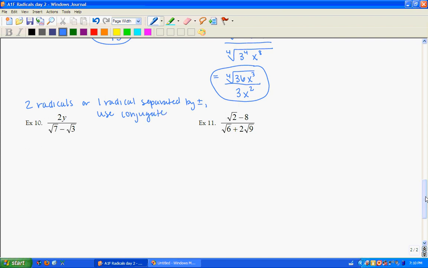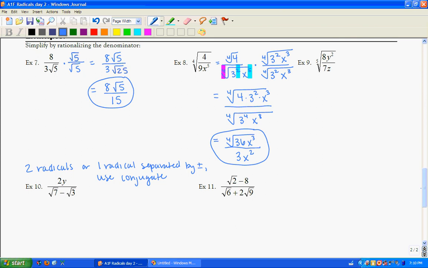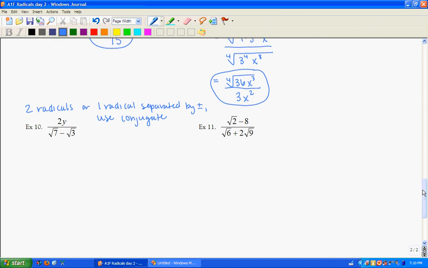So for the problems up above, for example 7 and 8, we multiply by another radical expression, which is the first thing we wrote at the top. So for examples 10 and 11, we're going to have to use the conjugate, which is the second option we wrote at the top. So hopefully you remember from section C, conjugate means opposite.